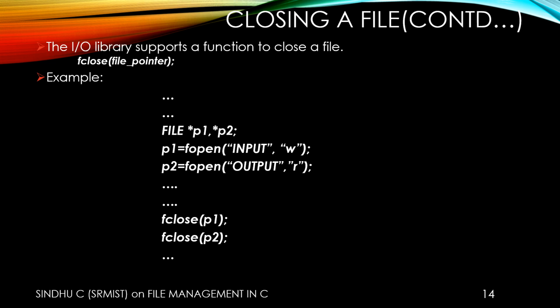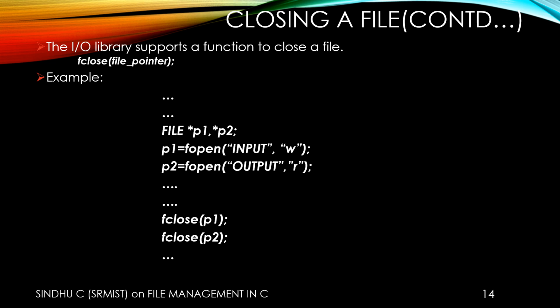Now, when we close the file input and output using the file pointers, we just give those file pointers as the argument to the function fclose. So fclose(p1) closes the file input which is opened in write mode.